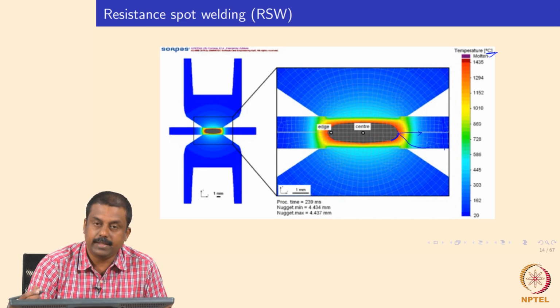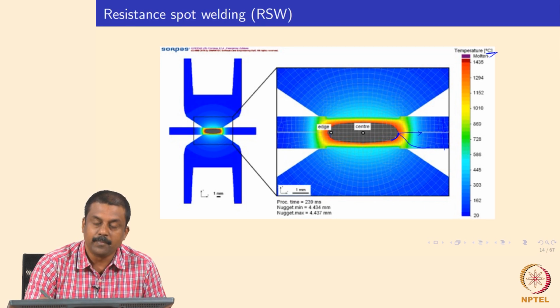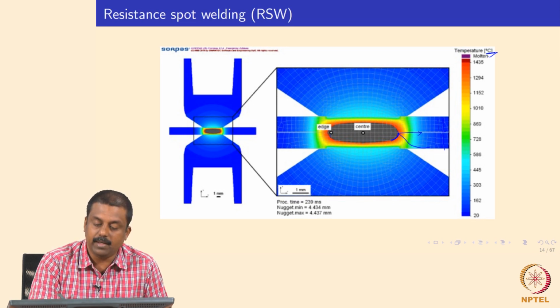You go from the melting point to room temperature within about a millimeter for a 1 millimeter thick plate, so there is always a very steep temperature gradient in resistance spot welding. With such a geometry and heat mass, you also get extremely rapid cooling rates. Typically in this case you will have a weld nugget size of about 5 millimeters.